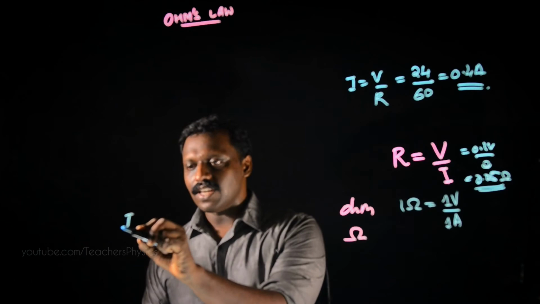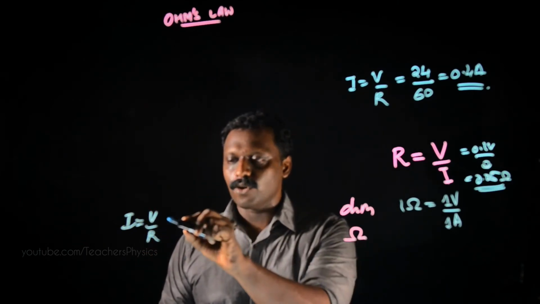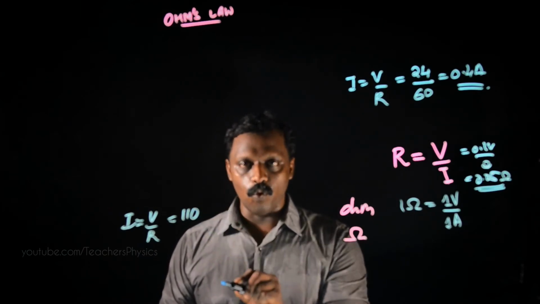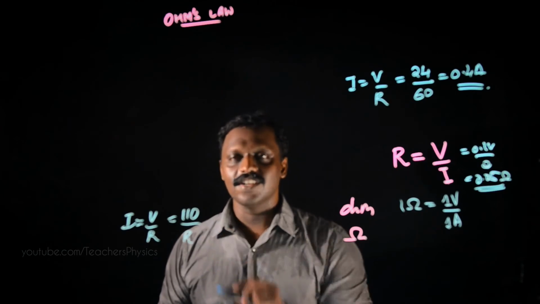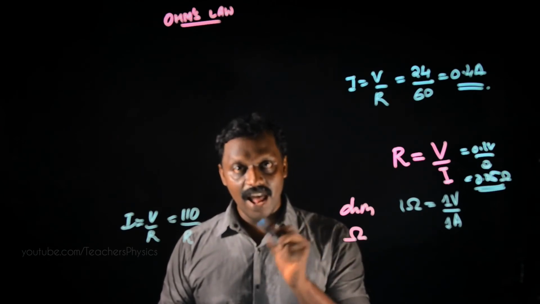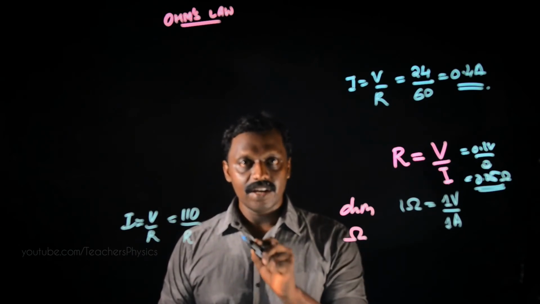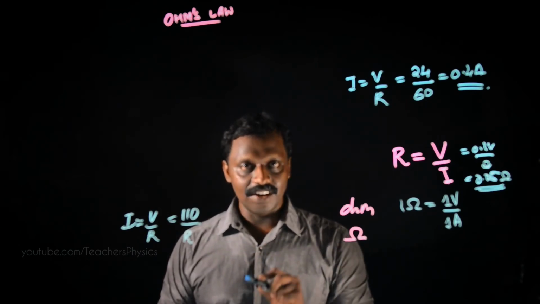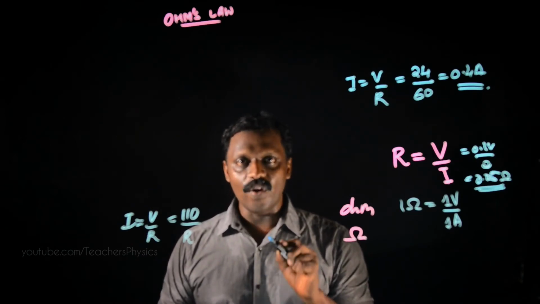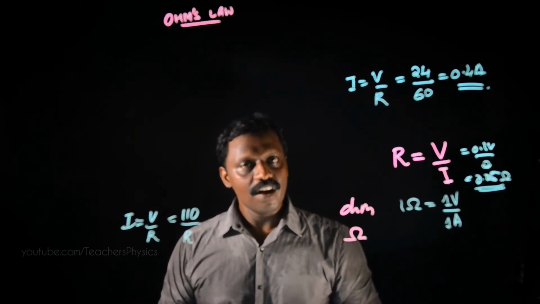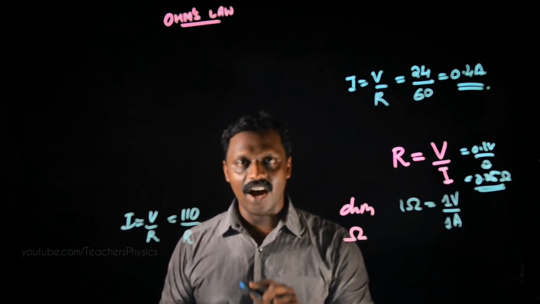So I is equal to V divided by R. The iron is connected across a source of 110 volt and we have to find the current drawn, but the resistance is not given. But we can find the resistance of the given electric iron from the initial data given. It is given that the iron draws 3.4 ampere of current when connected across 220 volt. From this, we can easily calculate the resistance of the iron.